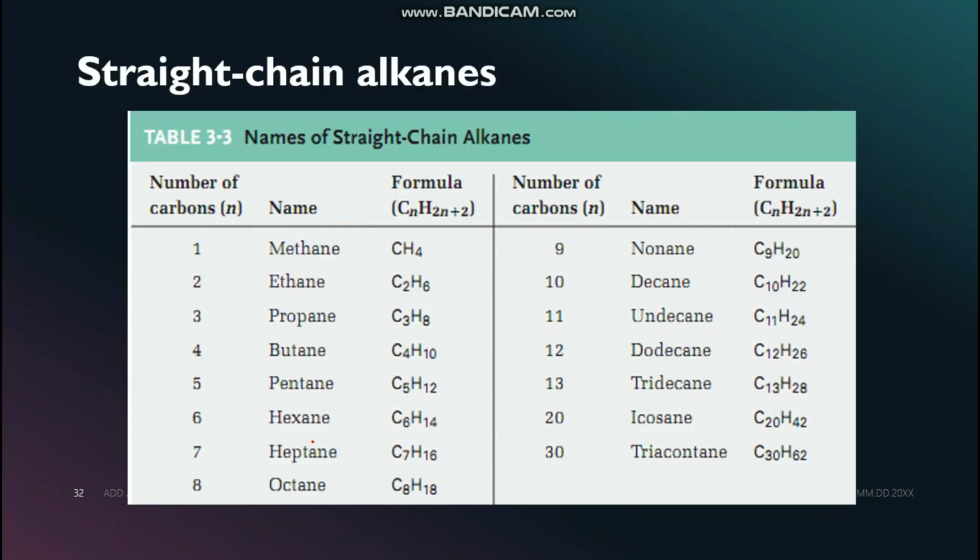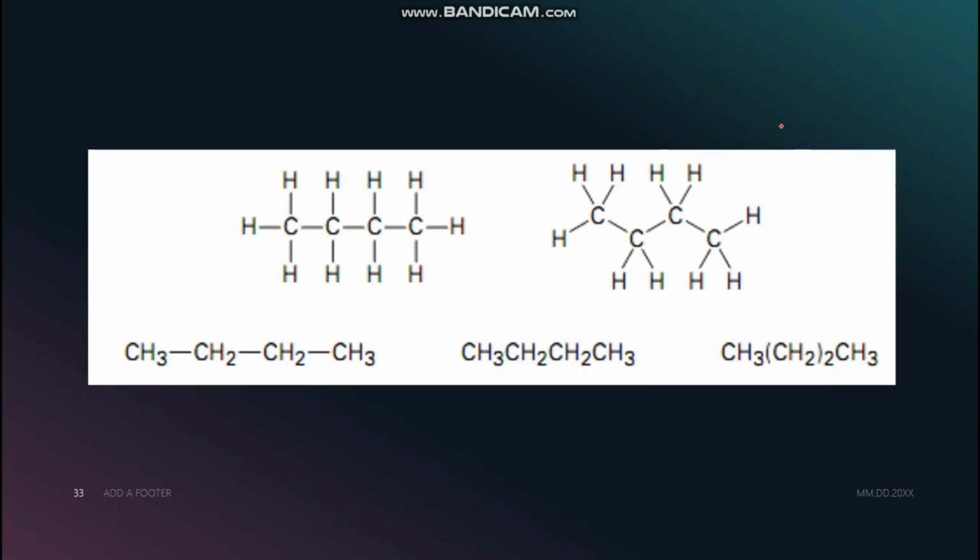So we have what we call the straight chain alkanes, wherein the carbons are all connected in a row. So, we have the butane, the pentane. Ibig sabihin, dire-diretso lang ang C dyan. Pag ganyan lang. Ayan. So, that's straight chain alkanes or the normal alkanes.